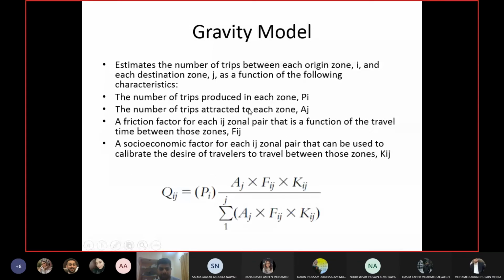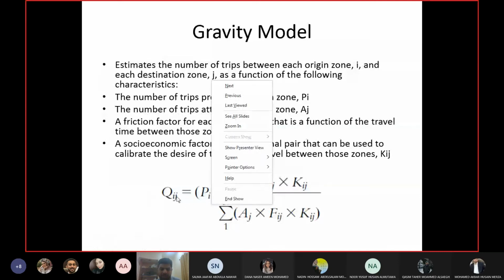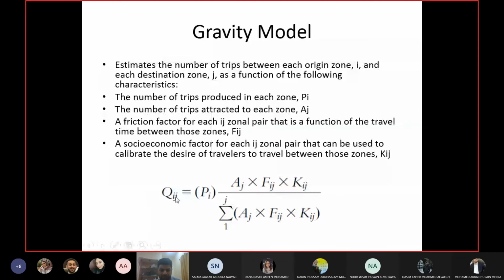You will have Qij between each pair of zones. So you have the number of trips going from zone 1 to zone 2, and j can be 2, 3, 4, 5, 6, 7. In the map which I showed you, j can go up to 14. So you will calculate 14 Qij values for zone 1, and if you add all of them, they should be equal to Pi.